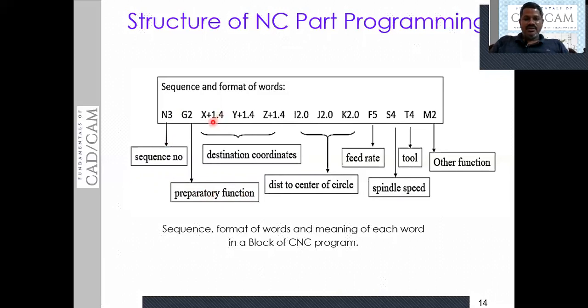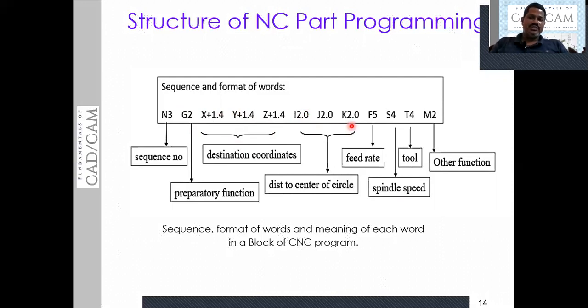Similarly, you have the coordinate functions. So sequence number, then the preparatory function, then we have the destination coordinates of the tool, X, Y, Z coordinates. X, Y, Z functions are used to specify the coordinates of the tool, as you can see here. So X, Y, Z coordinates are followed by the preparatory function. Then we have the center of the circle.